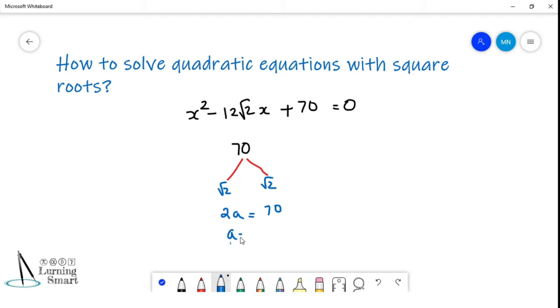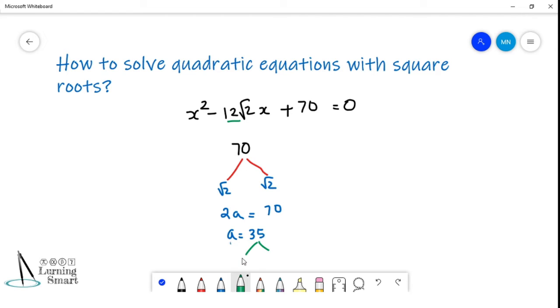A should be 35, right? 35 multiplied by 2 is 70. And now 35 should be split into two parts, such a way that when you add them or subtract them, you should get 12.